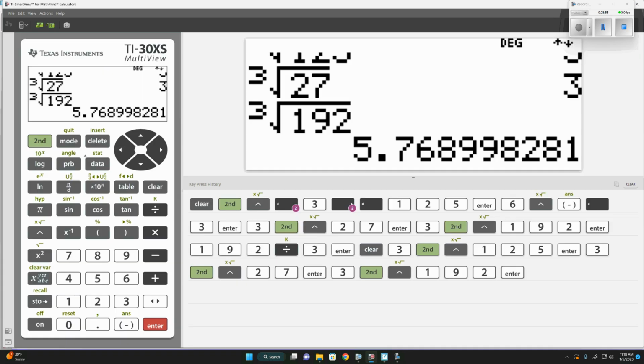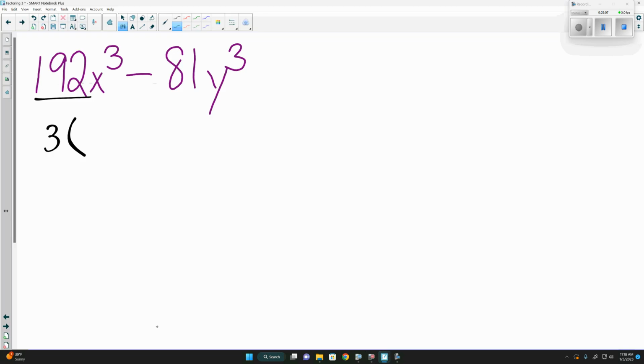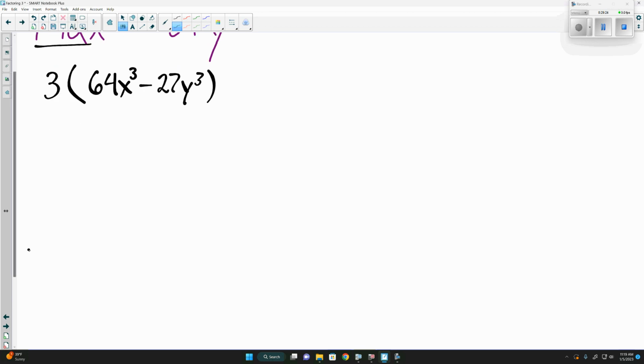Now, if I take 192 and divide it by 3, we get 64. And we already know that 64 is a perfect cube, because we've used it at least 3 times today. So if I divide 192 by 3, we get 64 x to the third. Minus 81 divided by 3 is 27 y to the third.